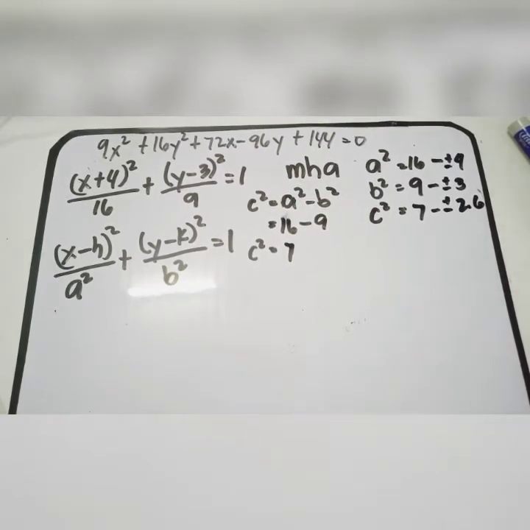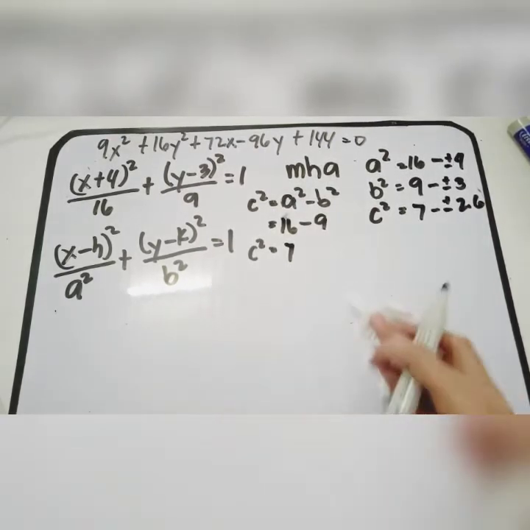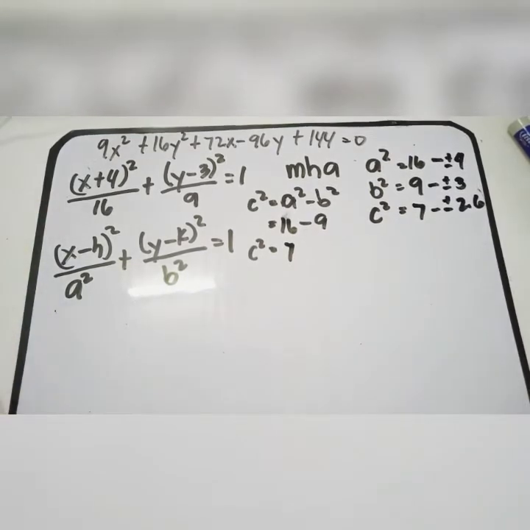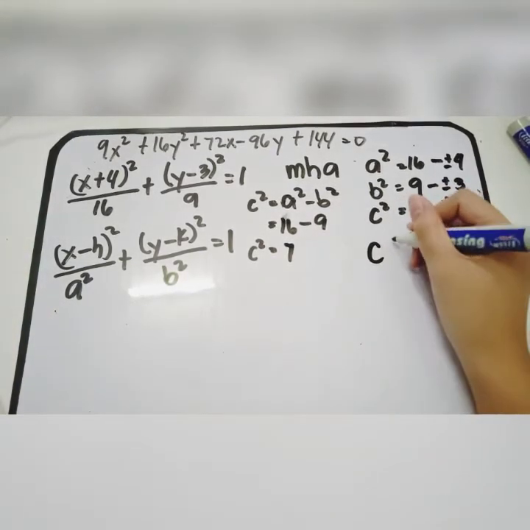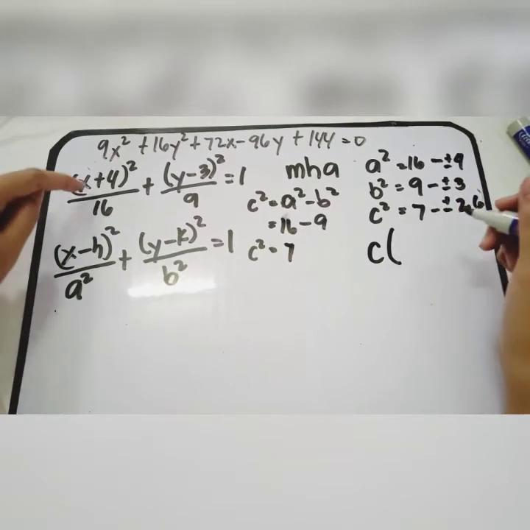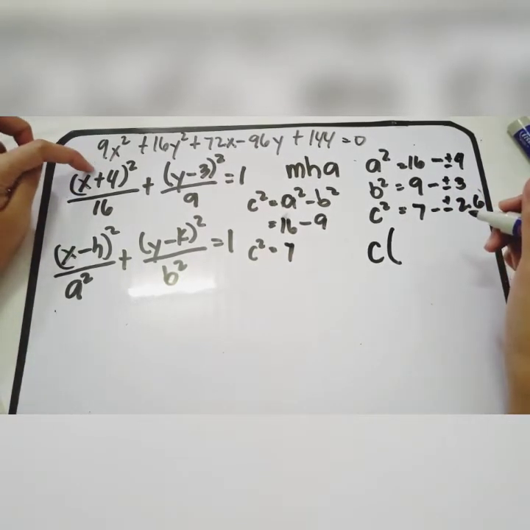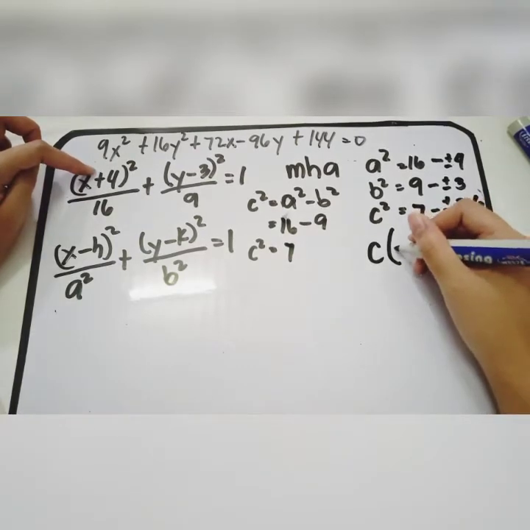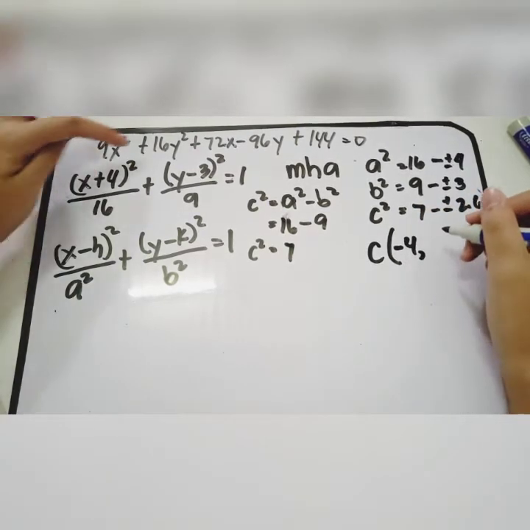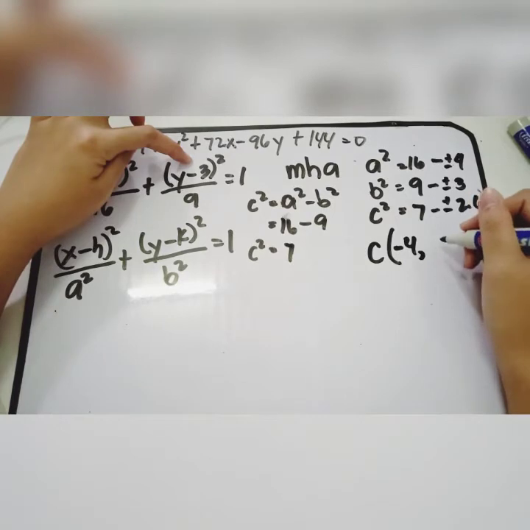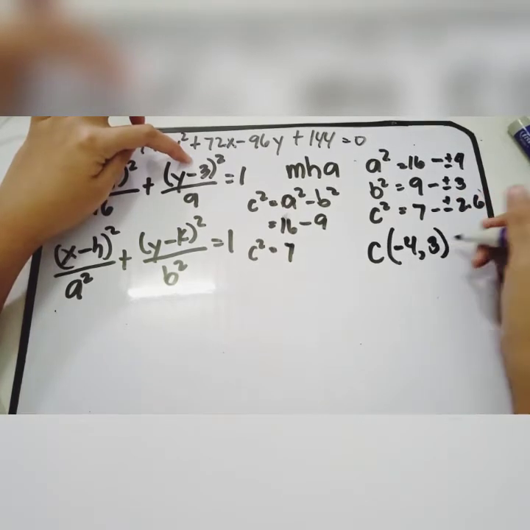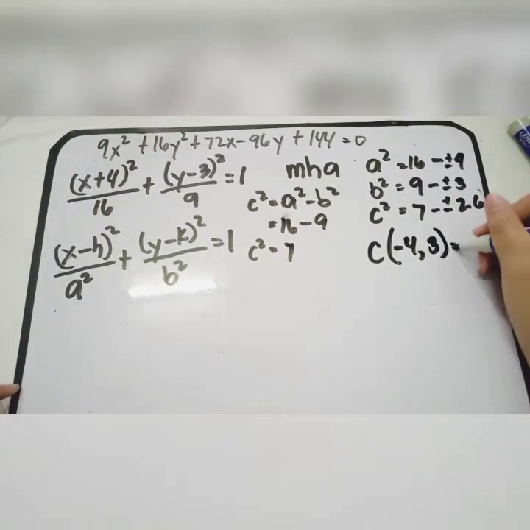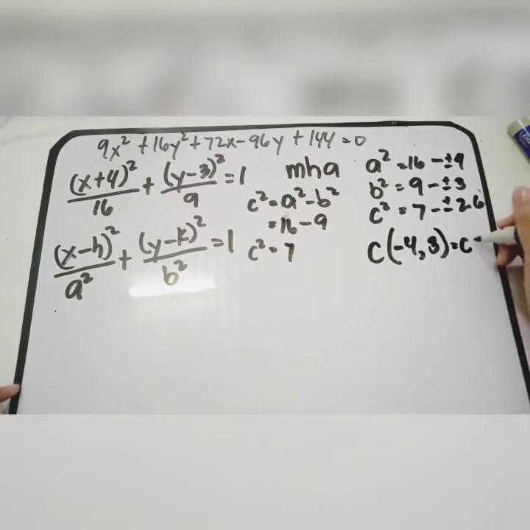Okay? So, what is our center having this equation? Our center is C. So, transpose natin, ilabas natin si 4, magiging negative 4 and then si 3 nilabas, magiging positive 3. Yan. So remember that our C is (h, k). Okay.